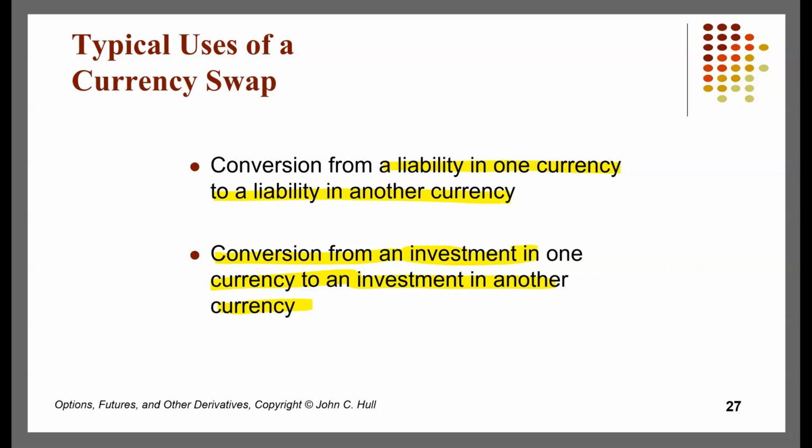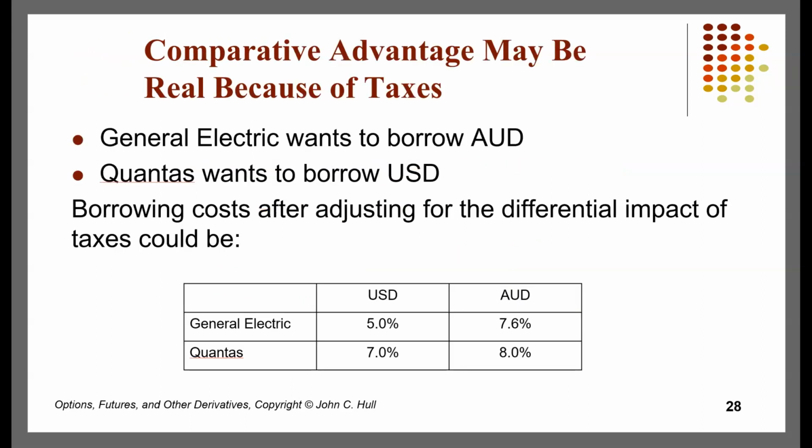Okay. And why would you even do that? Because you may have a comparative advantage in one currency versus the other one, right? So the same story that we had in the last unit when we talked about comparative advantage is going to apply here as well. In this case, we have one company that wants to borrow in Australian dollars.